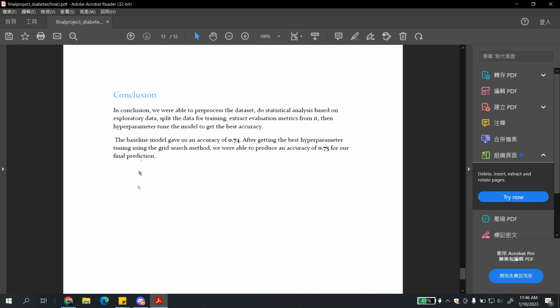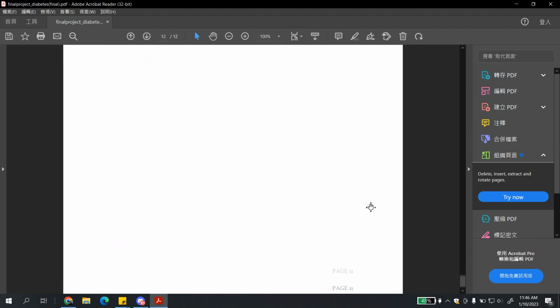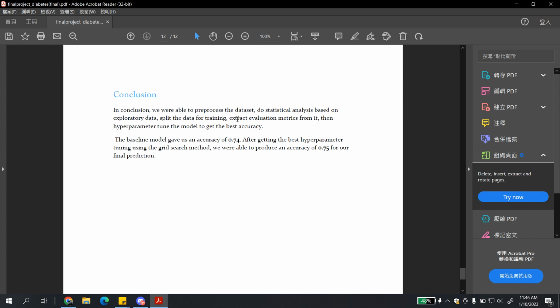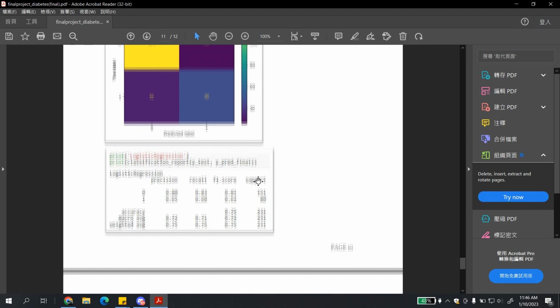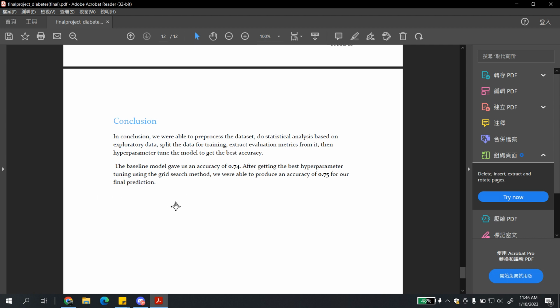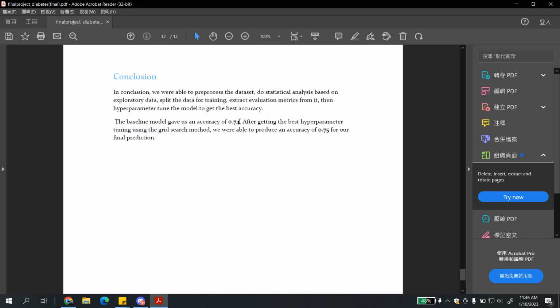We drew a conclusion based on the visuals that we drew before training the data itself, and then explaining the data and training it, and then getting the evaluation metrics, and then based on that we can improve those metrics using hyperparameter tuning. So yeah, that's all. We only get an improvement of 0.01, but yeah.